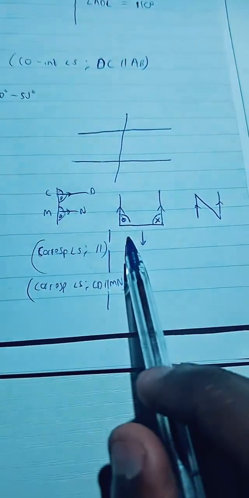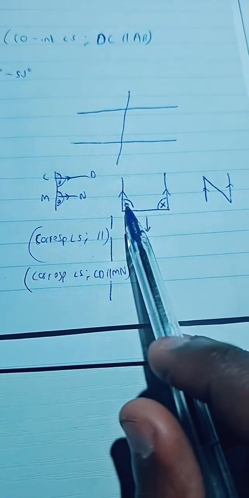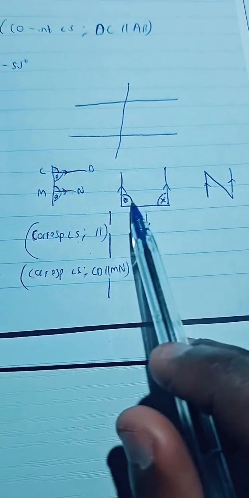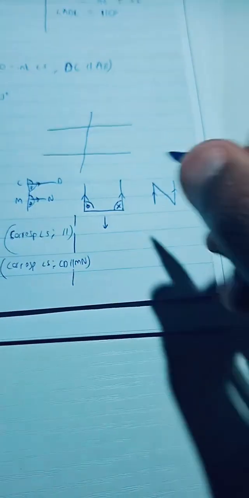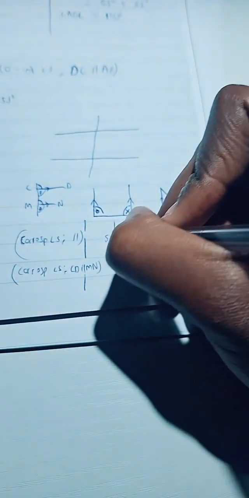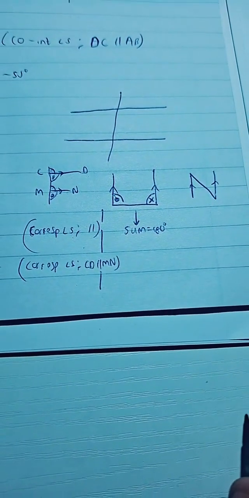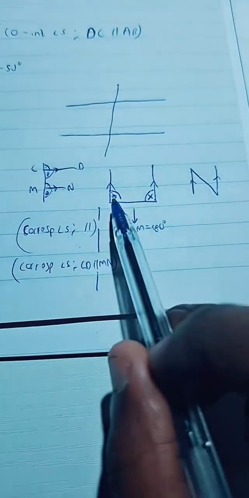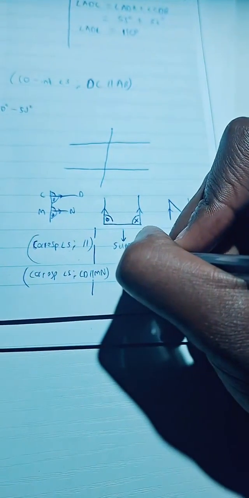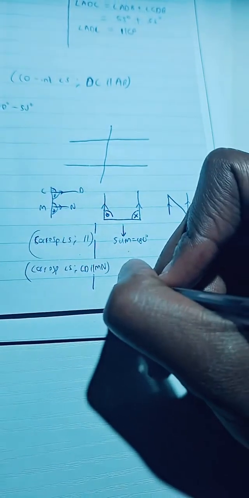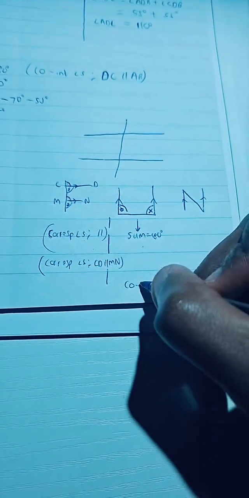All right. And I put a dot and a cross to indicate that the two angles would not necessarily be two angles that are equal, but when you add them together, the sum of those angles should give you 180 degrees. All right. So you can say that angle plus that angle is equal to 180 degrees. And whenever you have that statement written, the reason that is acceptable is co-int angles.